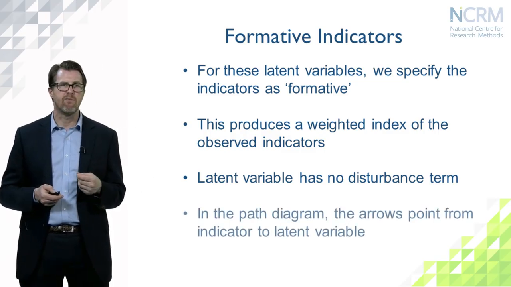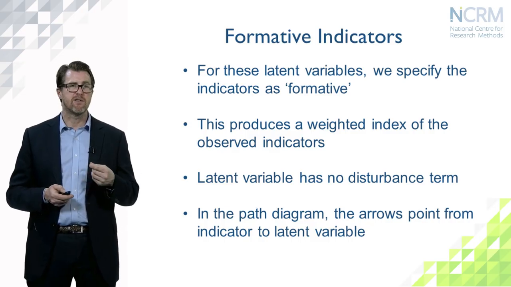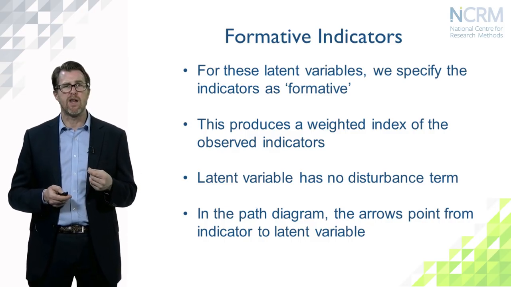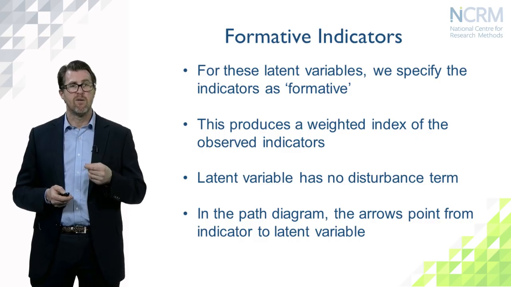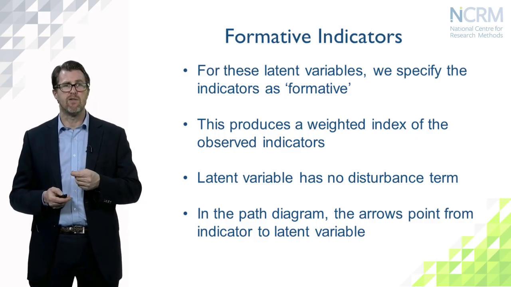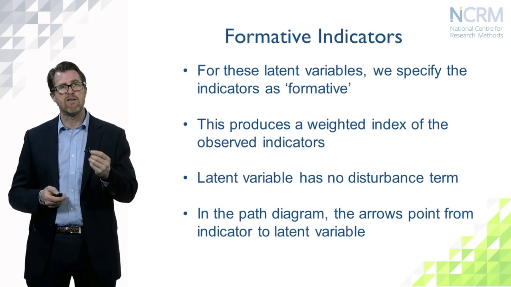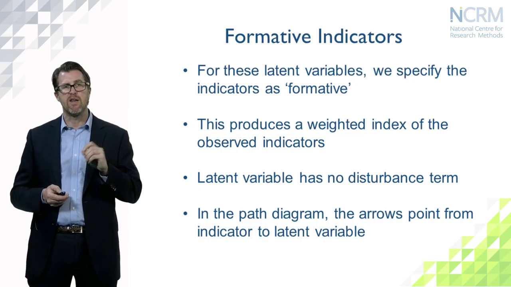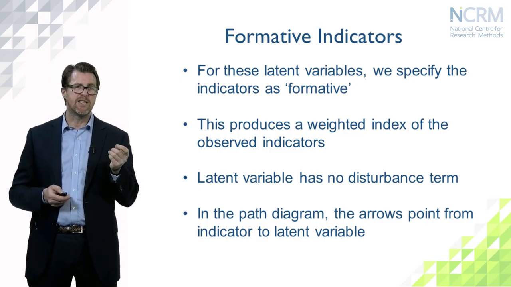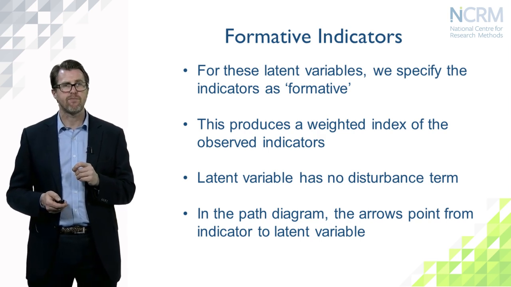The key thing is that in the path diagram, the arrows point from the indicator to the latent variable rather than the other way round. There are, of course, some quite different procedures for estimating this kind of model, but for now the concern is to understand the conceptual difference and the fact that we have the indicators related differently to the latent variables.